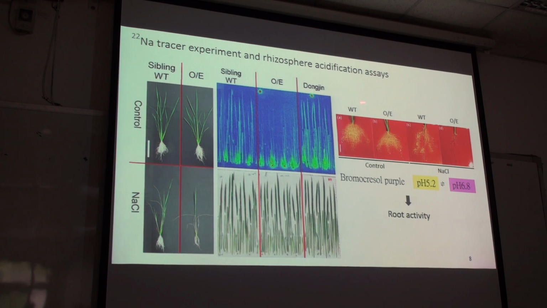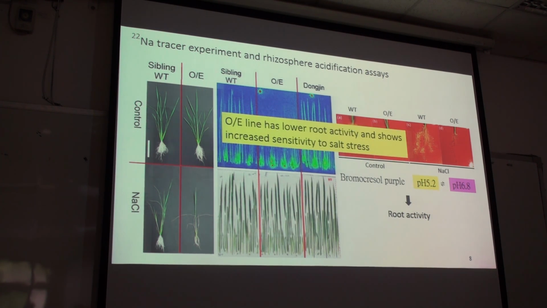In normal conditions, the bromocresol purple will turn yellow because of the acidification of the roots. But under salt stress, the overexpression line's color change decreases because of the downregulation of root activities. So the overexpression line has lower root activity and shows increased sensitivity to salt stress.